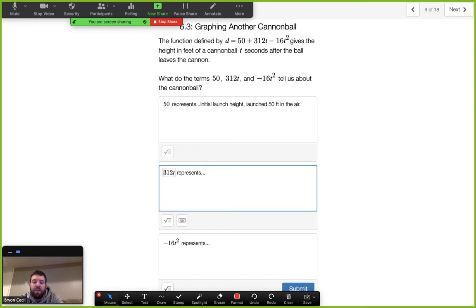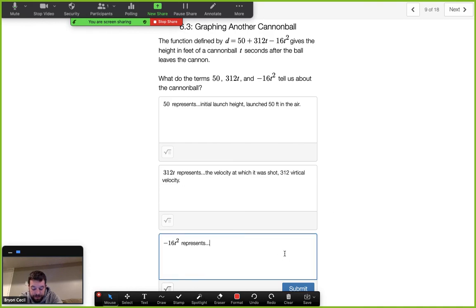The 312 represents the velocity at which it was shot, so it had 312 vertical velocity. And the negative 16, once again, is the effect of gravity pulling the cannonball back down to the ground. That is the effect of gravity.